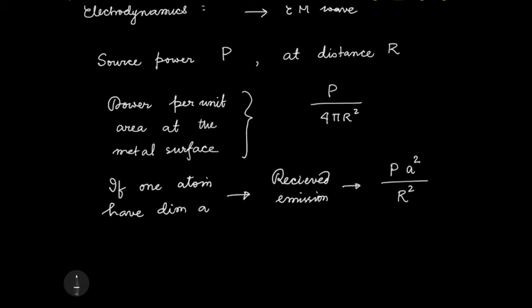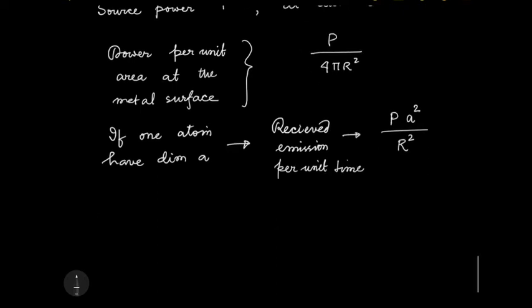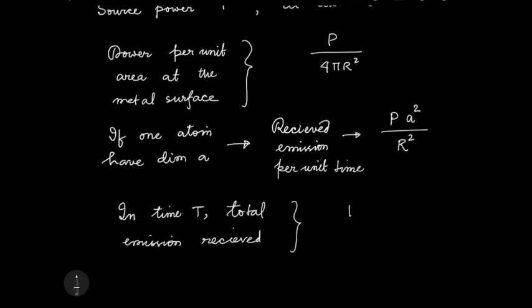All right. So this is the received emission, but remember P is the power. So this is the received emission per unit time. So in time T, capital T, say, total emission received is this, and it is received by that electron in the atom.